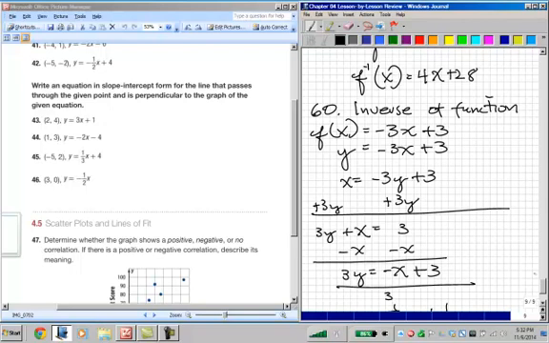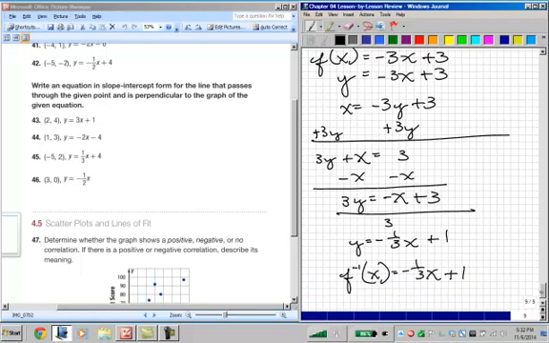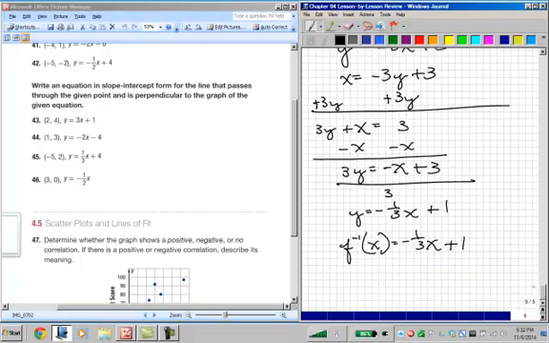I get 3y plus x equals 3. Subtract x from both sides. I get 3y equals negative x plus 3. Divide everything by 3. I get y equals negative 1/3 x plus 1. And substitute the inverse notation. So the inverse f of x equals negative 1/3 x plus 1. And that's it.